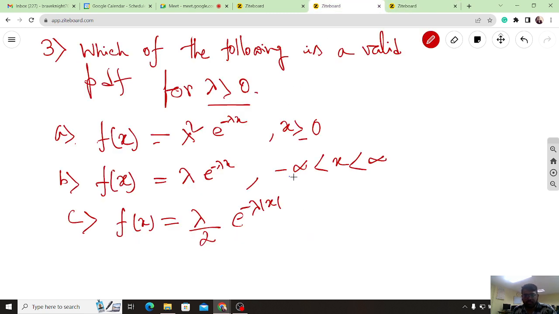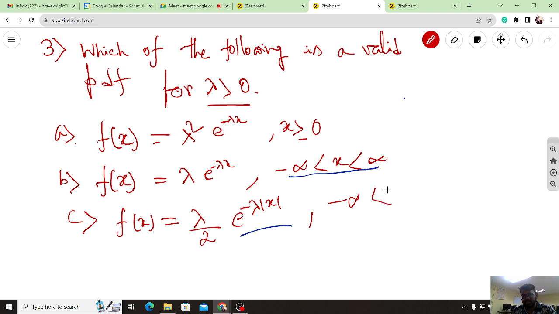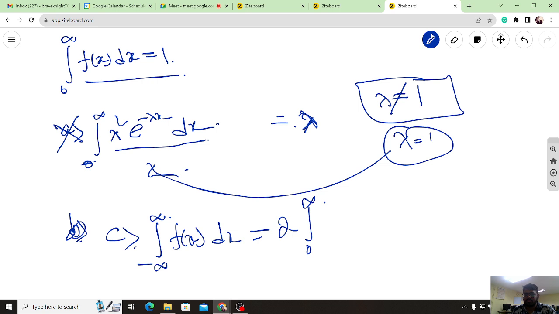Because this function is from minus infinity to plus infinity. Also this one, I forgot to write this thing. It is also from minus infinity to infinity. So what happens?